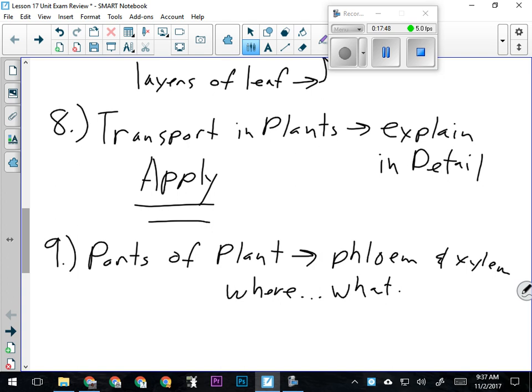What forces do they use? Things of that nature. Yeah, like osmotic pressure and gravity and, right, like the phloem. Yes, that as well.